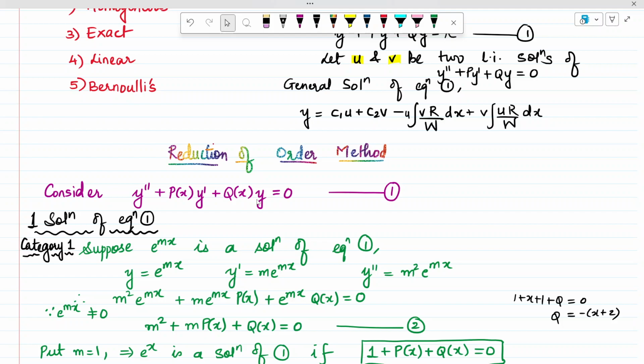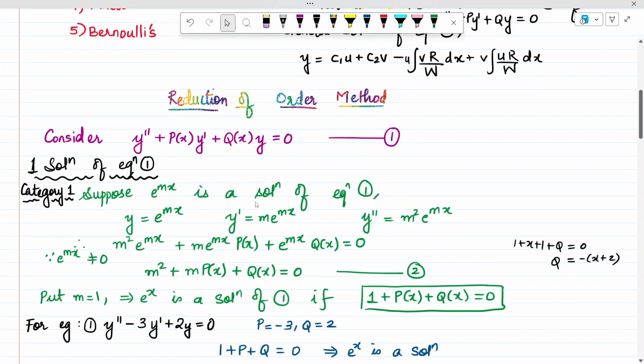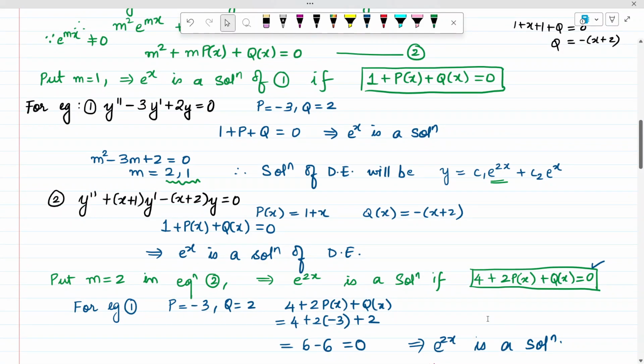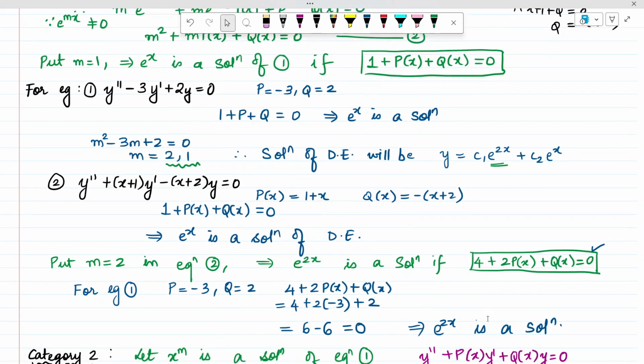The solution could be of the form e raised to mx or x raised to m. Sine and cos is covered in the form of e raised to mx. In that case, if 1 plus p(x) plus q(x) is 0, then e raised to 1x will be the solution. And if 4 plus 2 p(x) plus q(x) is 0, then you'll have e raised to 2x as a solution and so on.